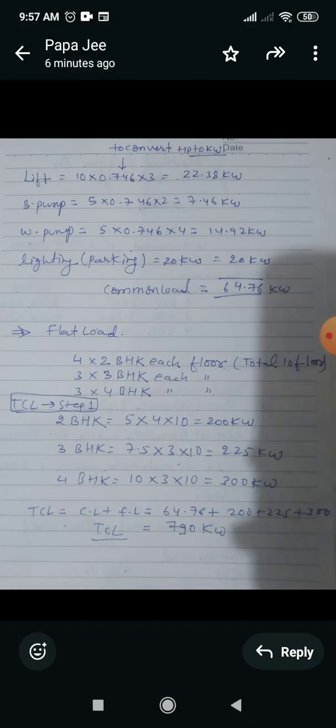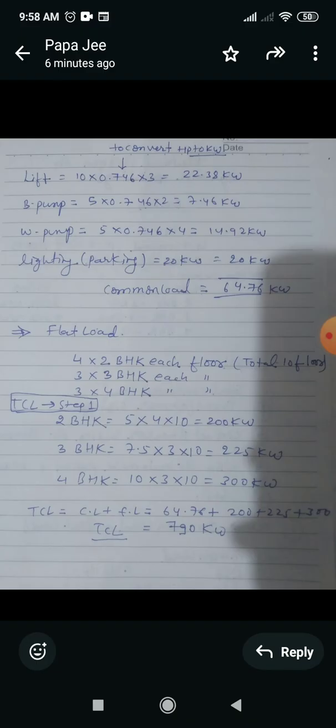Okay, so total connected load for the 2 BHK: 5 kilowatt is the energy meter, and the number of 2 BHK flats per floor is 4, and the number of floors is 10. So total power consumption for the 2 BHK is 200 kilowatt.